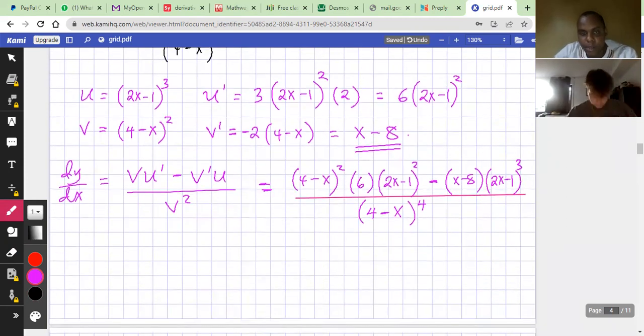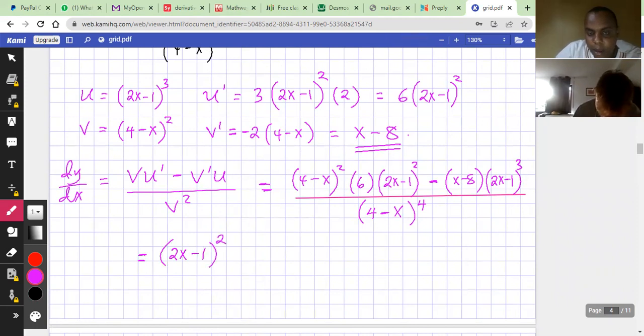So let's try to make things simple. We can factor out (2x minus 1) squared, right? Yes, we can. (2x minus 1) squared can come out, and then we are left with 6 multiplied by (4 minus x) squared, minus (x minus 8) multiplied by (2x minus 1).